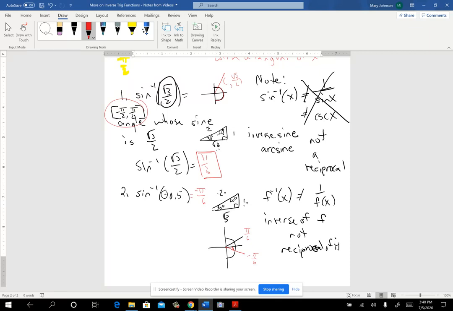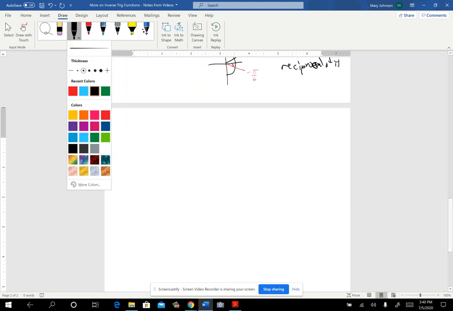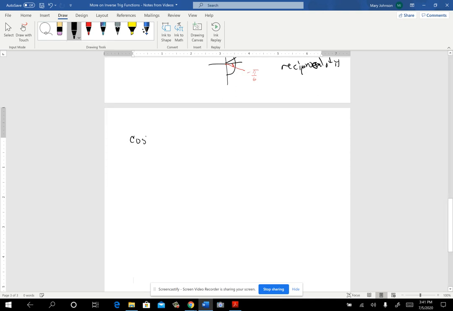All right, let's try a few more. So here is cosine inverse of 1. I know that's going to be on a quadrantal angle. I don't even need to go to my unit circle picture. I can just think about the unit circle and imagine these ordered pairs.